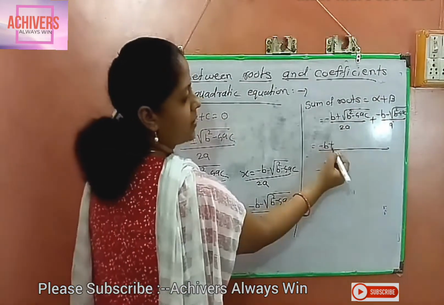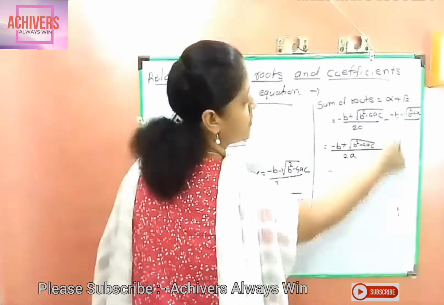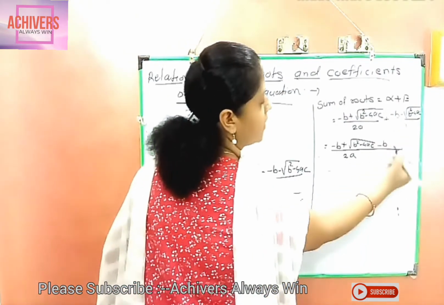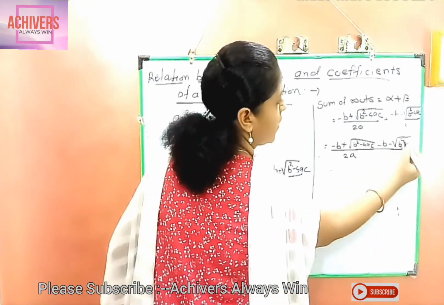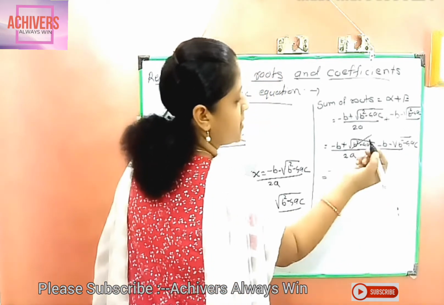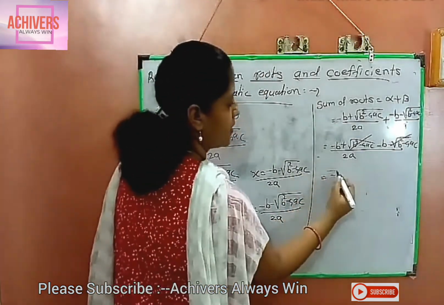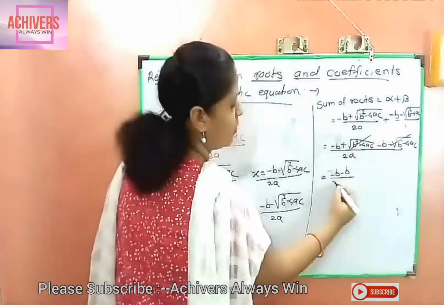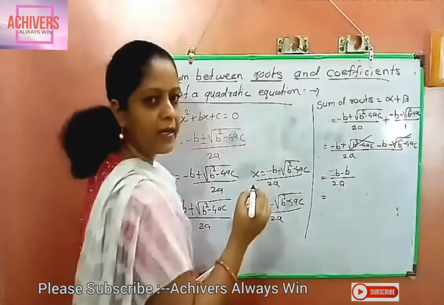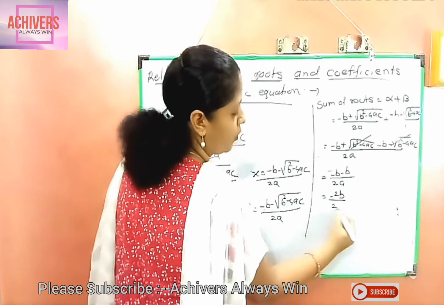Minus b plus under root b square minus 4ac, plus minus b minus under root b square minus 4ac. The under root b square minus 4ac terms cancel each other, minus b minus b upon 2a, that is minus 2b upon 2a.